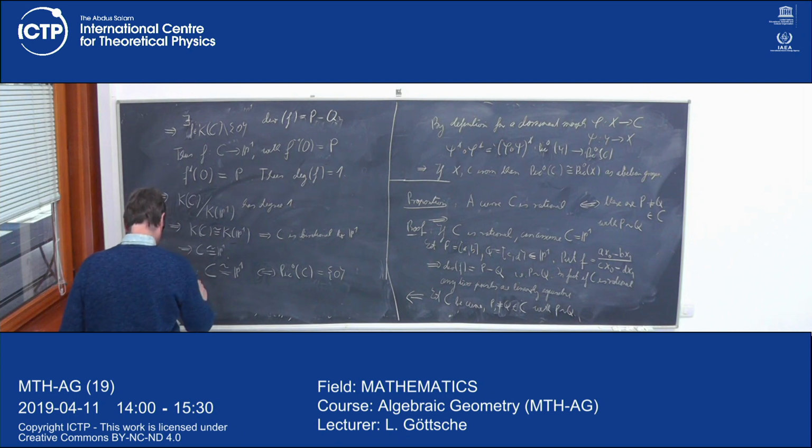If Pic^0 of C is equal to 0, we can take any two points.